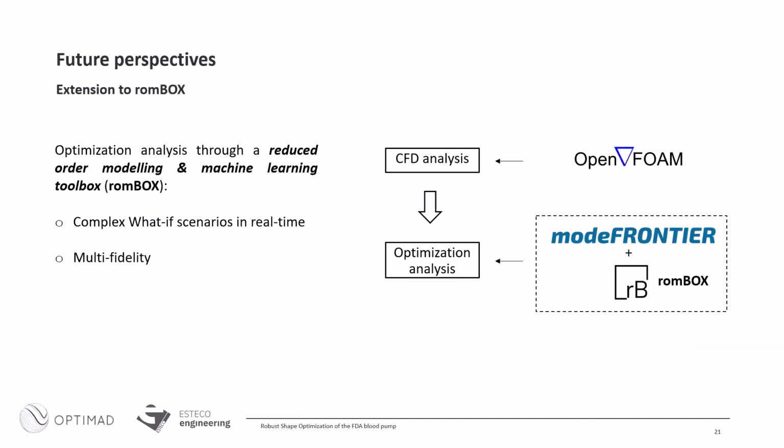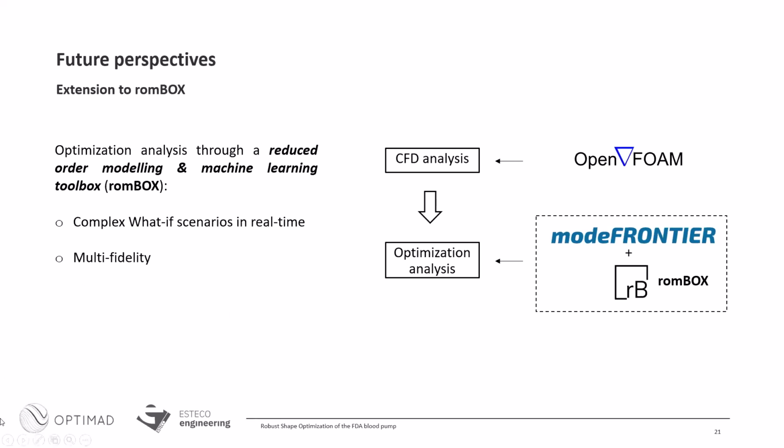As a future perspective, we are planning to repeat the analysis by including Rombox. Rombox is a reduced order modeling and machine learning toolbox developed at Optimad. It's already possible to couple modeFRONTIER and Rombox, so we can increase the accuracy of this analysis by using reduced order models.